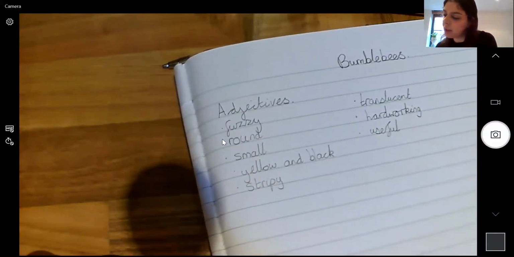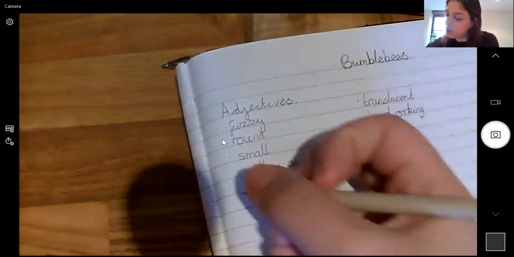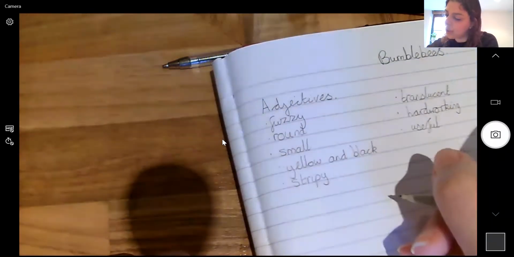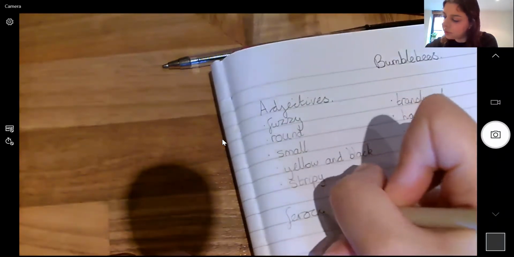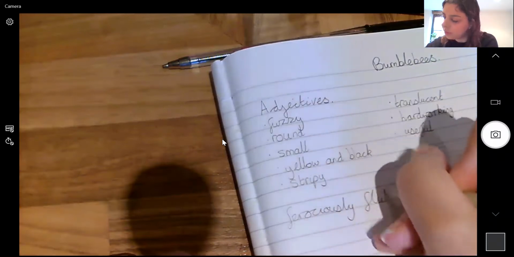I'm going to use, let's have a think of what I could do. I'm going to say that the wings are ferociously fluttering.